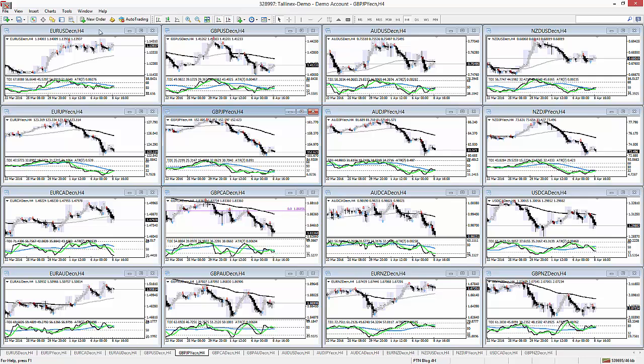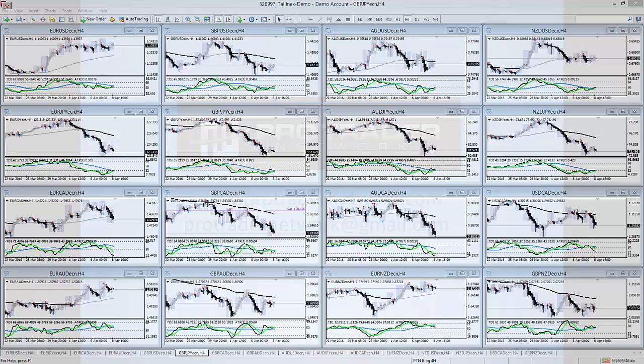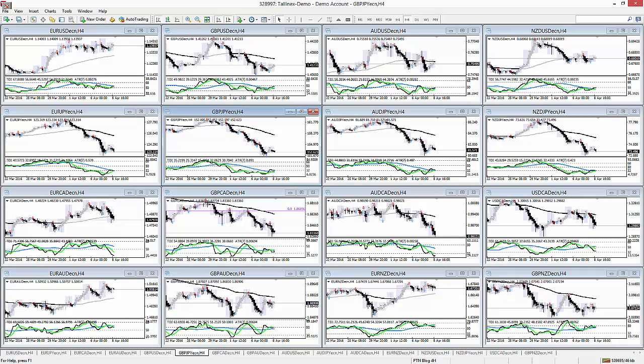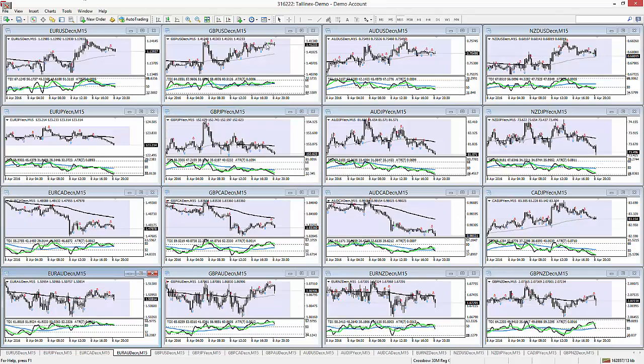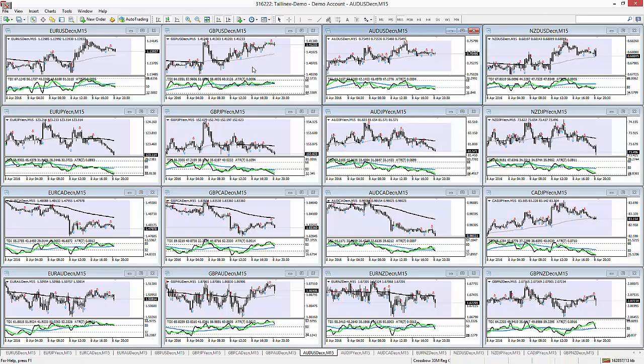Actually, let's talk about that. Let's go here. Oops, let's go here. Okay, so here are some 15-minute charts. And let's talk about candle patterns. Very powerful. One of the things I'm consistently looking for is a retest of the high.